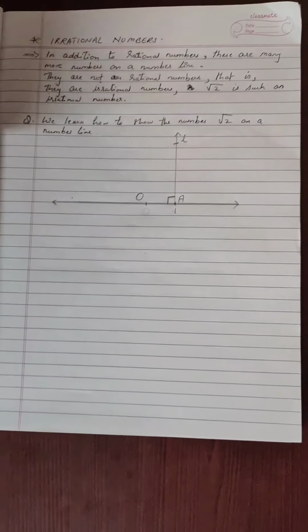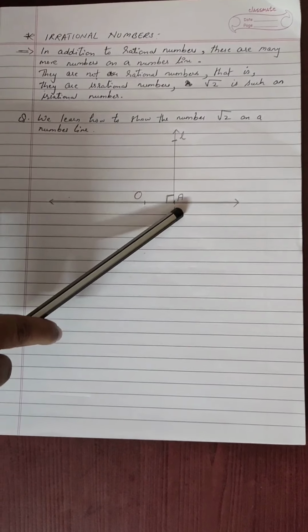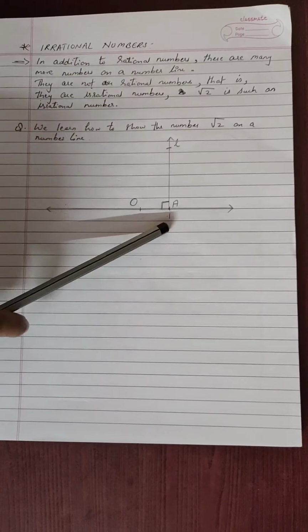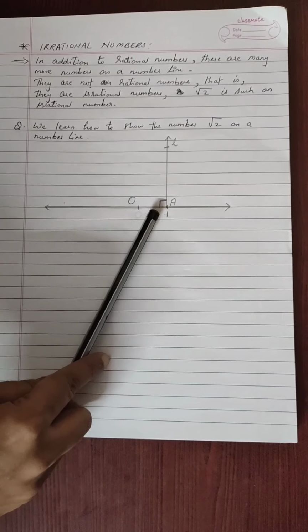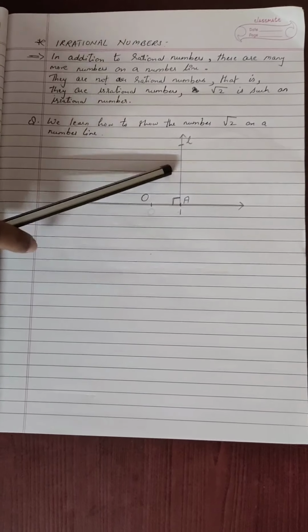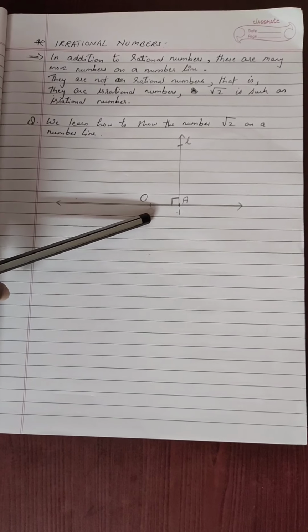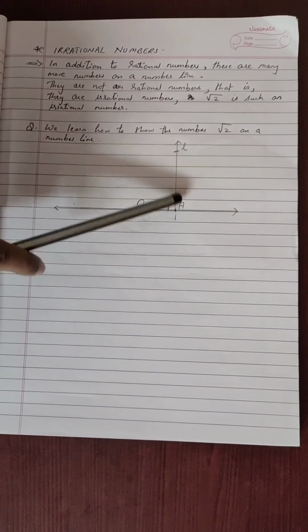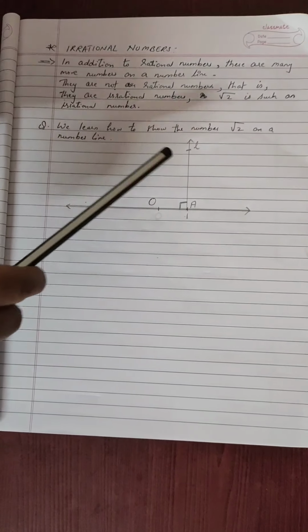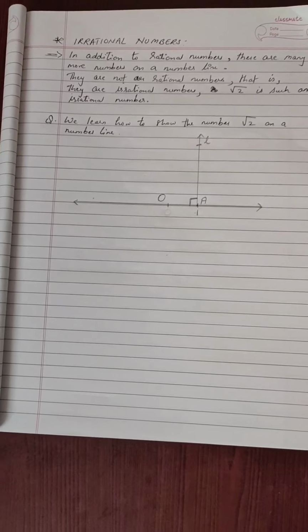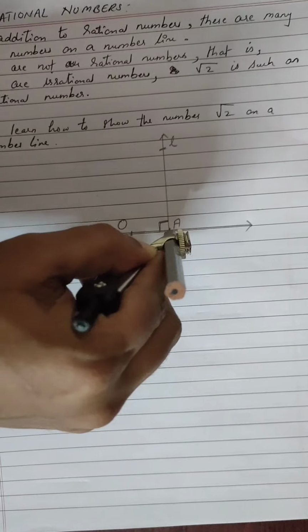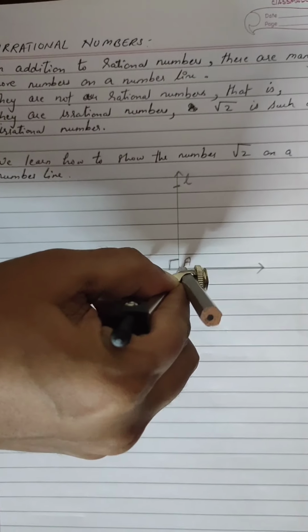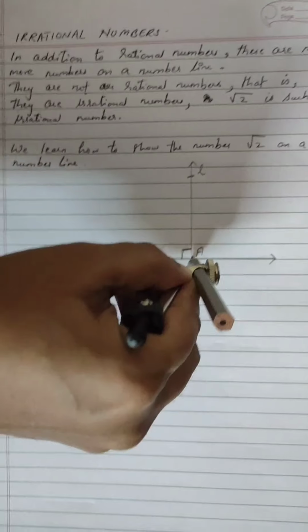So, it should be OA equal to AP equal to unit 1. So, the distance or the unit should be 1. OA should be 1 and the point P we are taking is the same distance as OA. So, OA equal to AP should be 1 unit. So, we have to take the measurement now. Here from point O to point A, we have measured the distance.